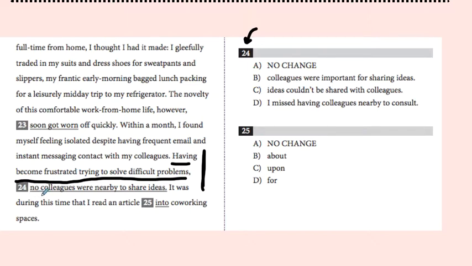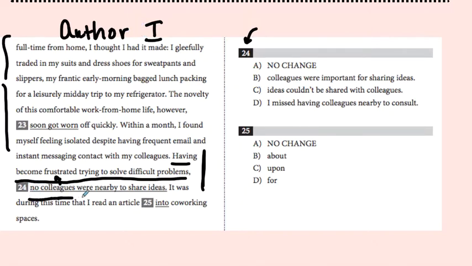The following sentence says no colleagues were nearby to share ideas. It doesn't give me enough to say who's becoming frustrated. Now, if you were reading the whole passage, the author is I. So a dangling modifier means that in this phrase, I need something that's showing me who's talking.